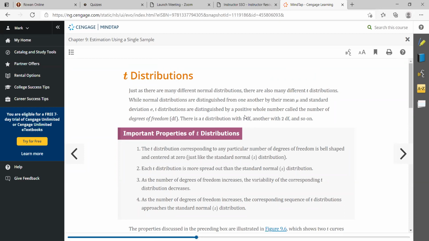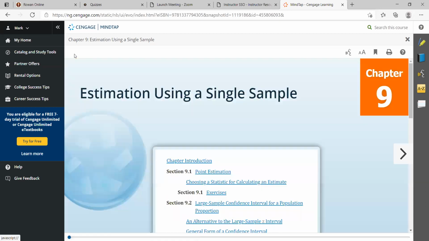Now, if sigma is unknown, then the critical value becomes a t, and we use inverse t to find that critical value. They also talk about degrees of freedom, so just read over that idea.